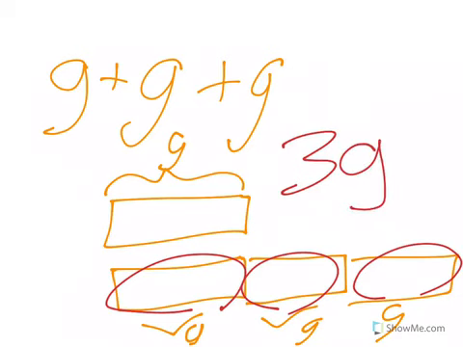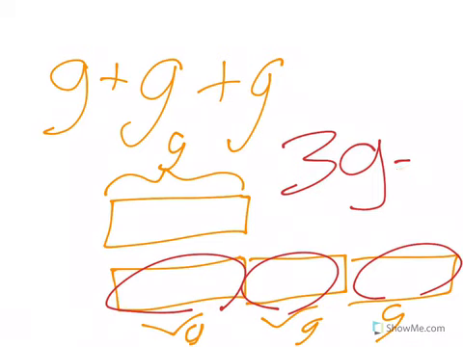When you use a variable, such as g in this case, even though it represents a number, we don't want to put 3 times g, because then it gets a little confusing. Is that multiplication, or is that an x? Is that like another variable? So we don't want to use that. So we just put 3g, and that is the same thing as 3 times g. All right?